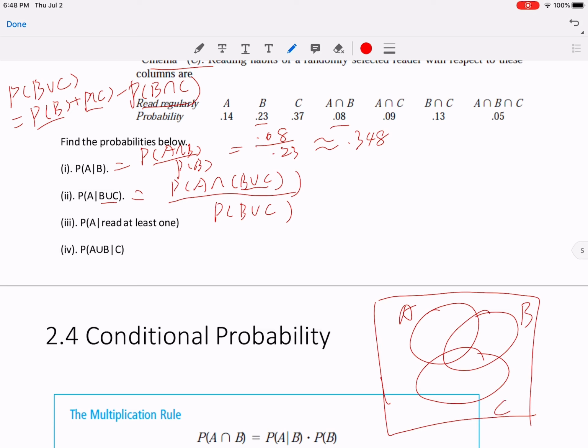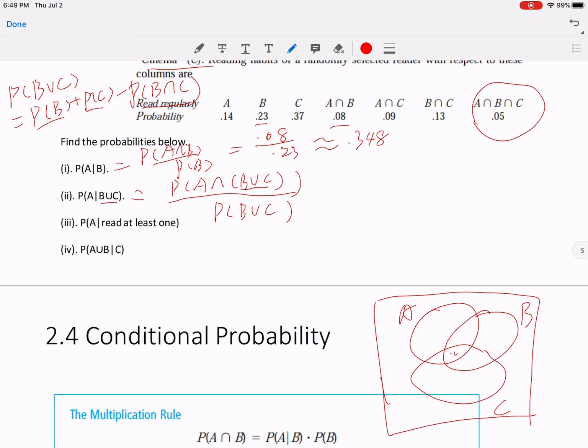Now let's take a look at those three circles over here. So what does the very center part represent? The very center part, this part over here, represents A intersection B intersection C. So the probability of the center part is 0.05.